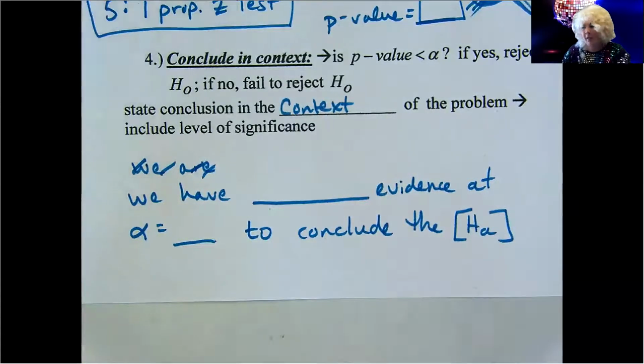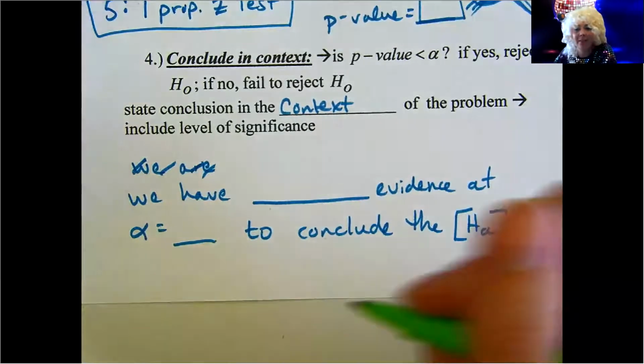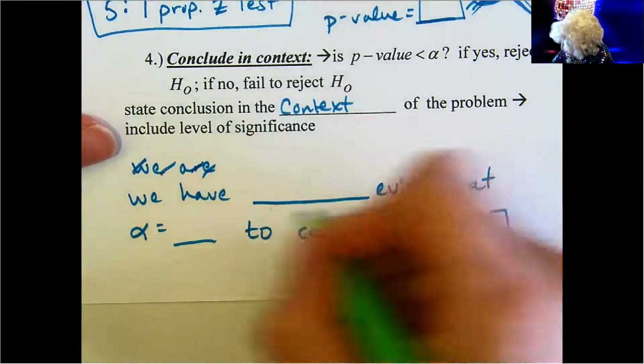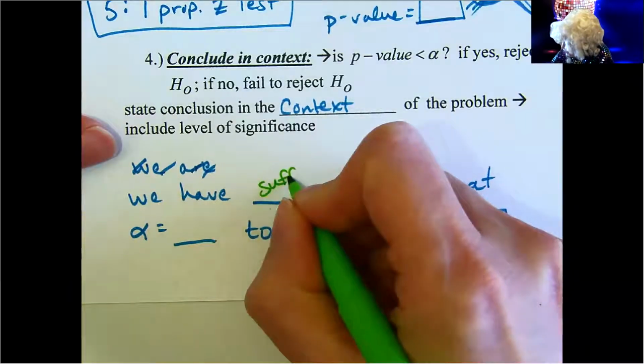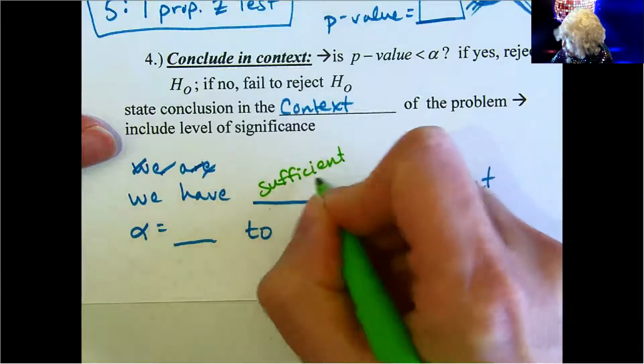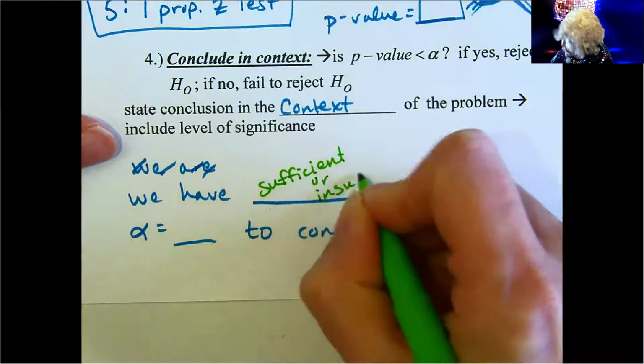So I've got some blanks here to fill in. We either have insufficient evidence or sufficient evidence. Either we have it or we don't. So this blank is either sufficient or insufficient.